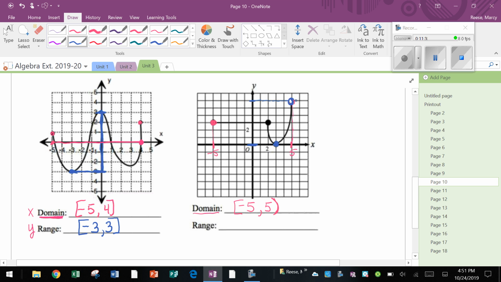So I'm looking at the ranges, I'm looking at the y's. I ignore left and right. I'm only looking down to up. So the lowest number it goes to, we said, is 0. It includes it because there's a closed point there. And it goes all the way up to 1, 2, 3, 4, 5, 6. And it's open there, so it doesn't include it.